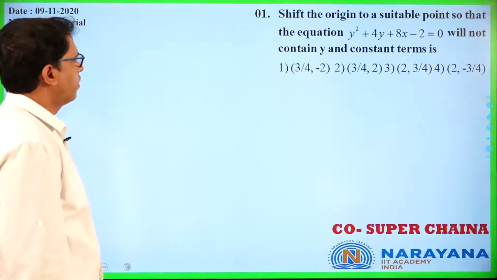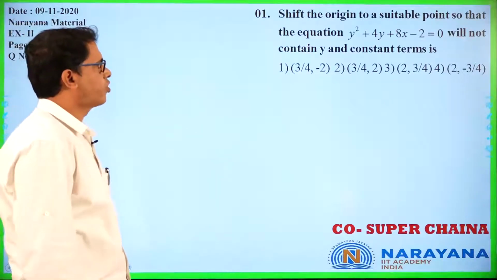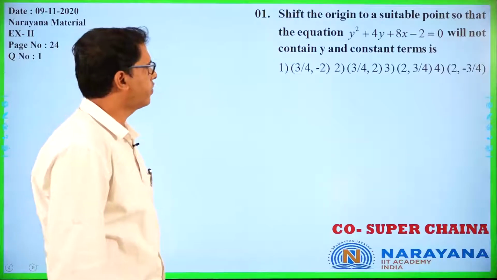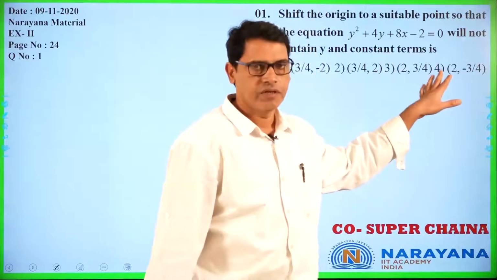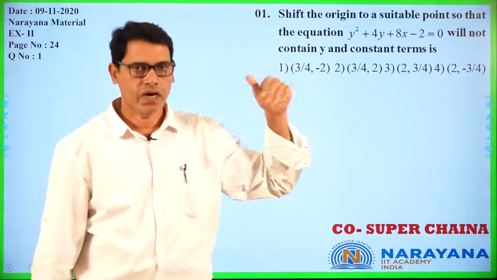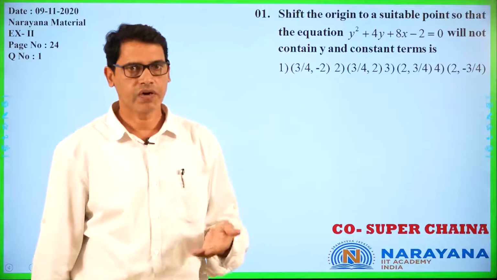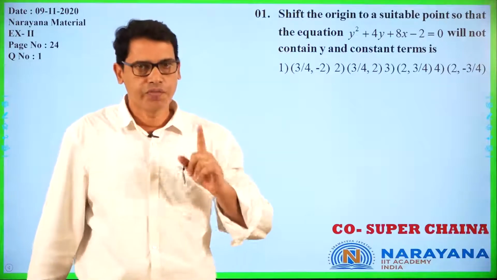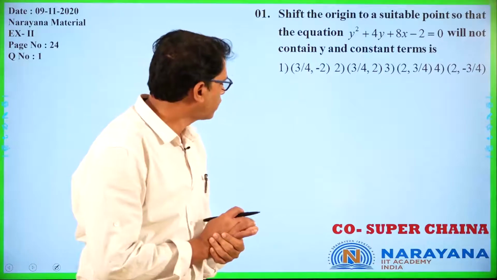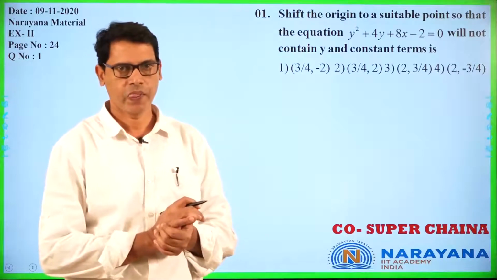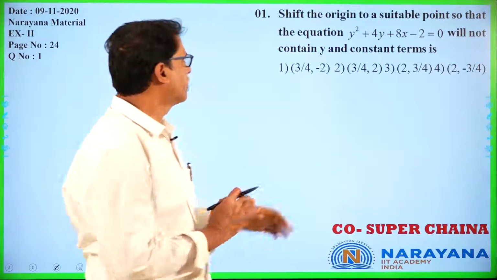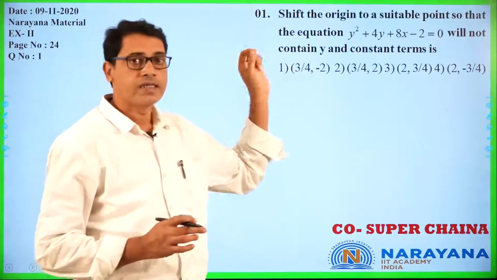Here, shift the origin to a suitable point so that the equation will not contain a y term and constant. It means in the transformed equation, it should not possess a y term as well as a constant. Again a simple one. Here we have to find the translated point.